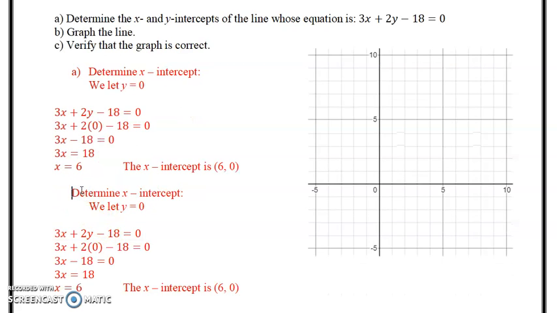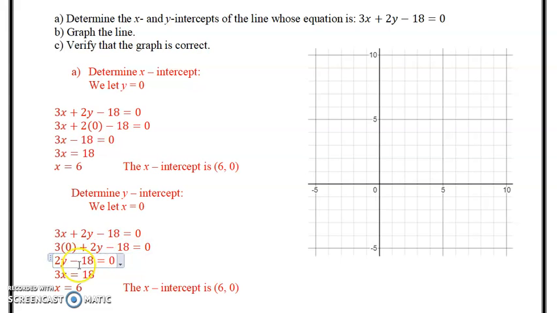And then the y-intercept. So to determine the y-intercept, we just do the opposite, obviously. We let x equal 0. So I'm going to take that back out, put y back in. We let x equal 0, and plus 2y equals 18.